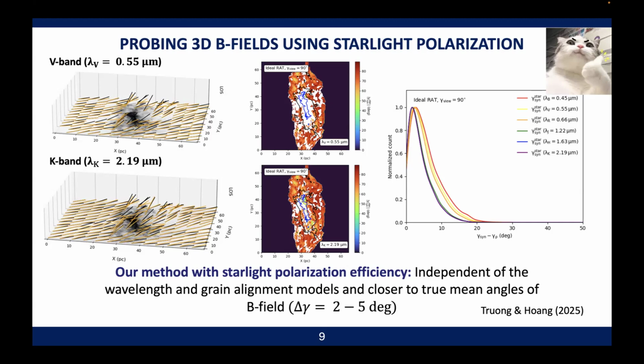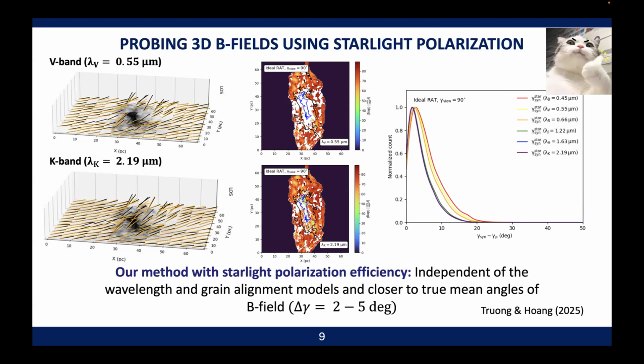So the possibility of tracing the 3D magnetic field depends on the observed wavelength. When we use the optical polarization, we mostly trace the 3D magnetic inclination angle in environments that are less dense, with visual extinction less than 3. But if we use the near-infrared polarization, we can trace further into higher density regions, and the visual extinction can go up to about 30 in this case.